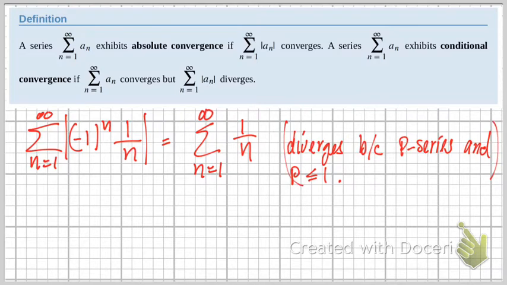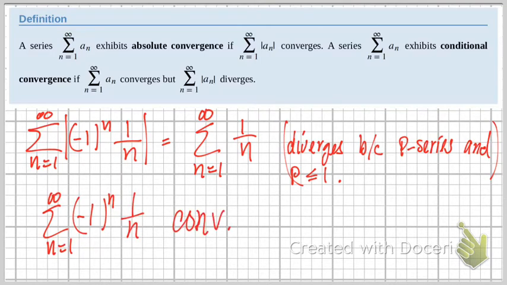So therefore, the original series, n equals 1 to infinity of negative 1 to the n of 1 over n, converges by the alternating series test, which we did previously. And the absolute value of this series, which is here, diverges. So look what this is saying then.